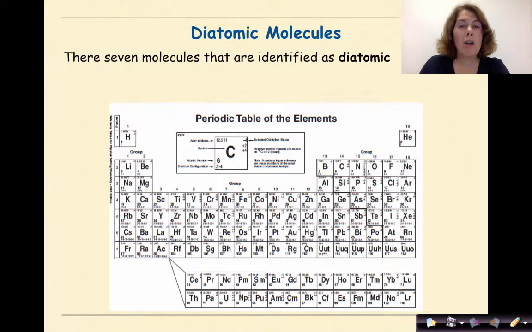There are 7 molecules that are identified as diatomics. These are hydrogen, nitrogen, oxygen, fluorine, chlorine, bromine, and iodine. And if you look at the location of these molecules on the periodic table, you'll notice that there's 7 of them. So let's find them.